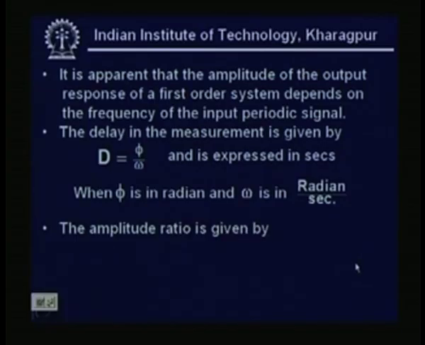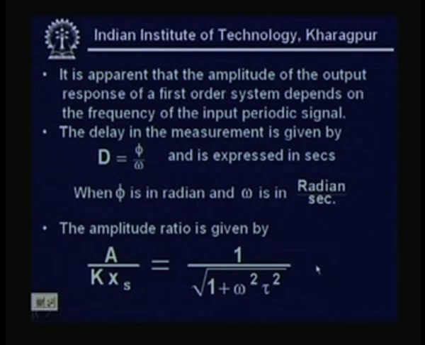We cannot make delay 0, but if for the whole frequency range the delay is the same, that will satisfy our goal. The amplitude ratio is given by A by k xs equal to 1 upon under the square root 1 plus omega square tau square. You can see here.